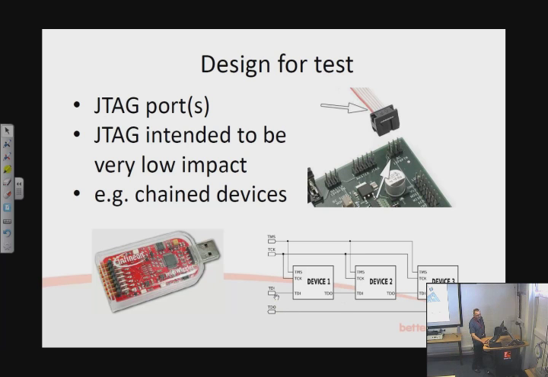So potentially this device can talk directly to device 2, but having its information clocked past device 1. Very useful. JTAG always useful, and it can be, if designed properly, very low impact on your circuit.